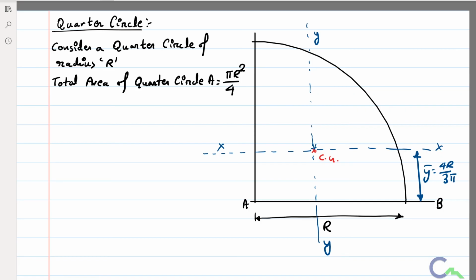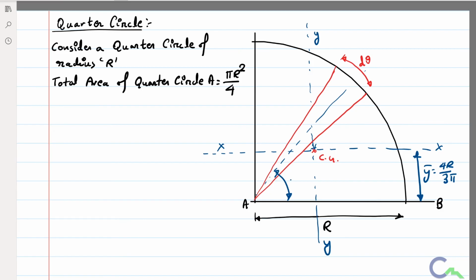So this will be the CG of the quarter circle. To derive the moment of inertia, I will consider an elementary strip of angular size d theta at an angle of theta. I will consider the elementary strip somewhere here like this, with angular size d theta at an angle theta with the horizontal.